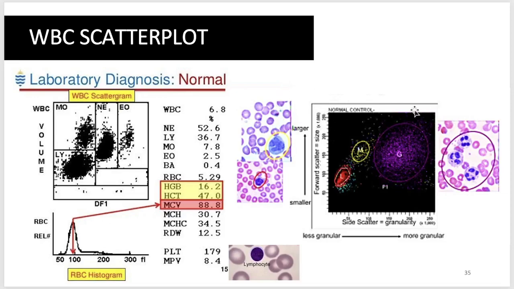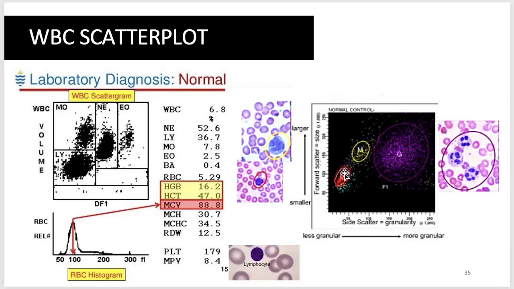So, let's try to interpret this diagram. Anong nakikita natin? Your lymphocytes, yung red na to, this is actually your lymphocytes. Your lymphocytes are smaller and have fewer internal components or granules than your monocyte and your granulocyte, which is the purple.